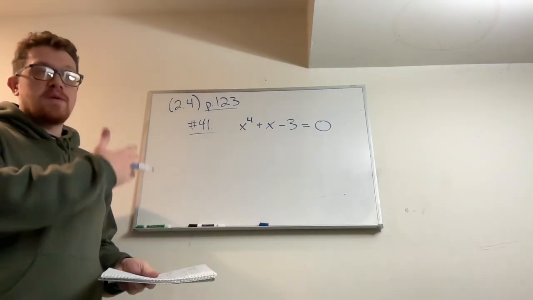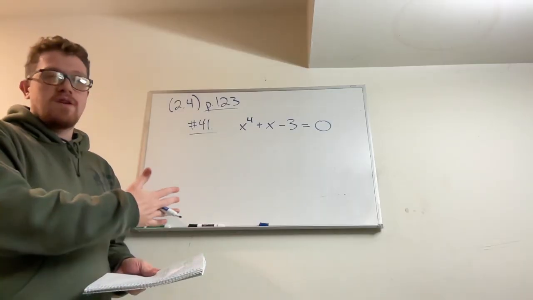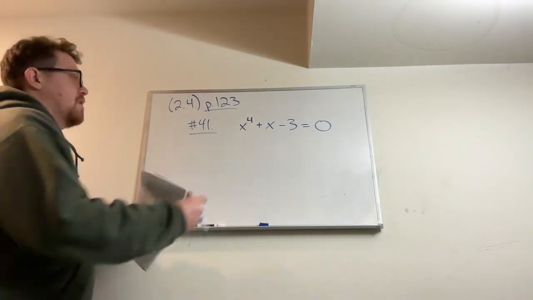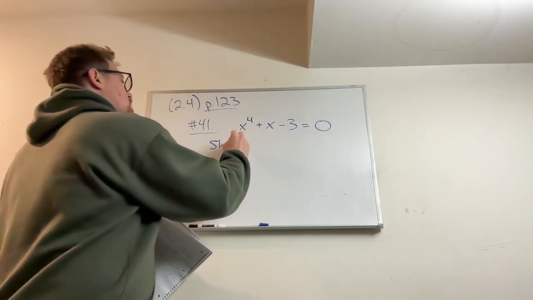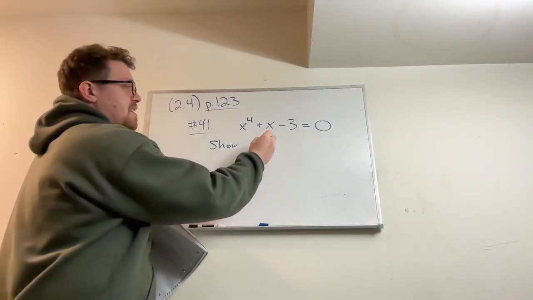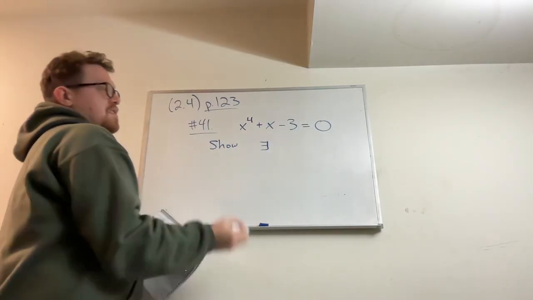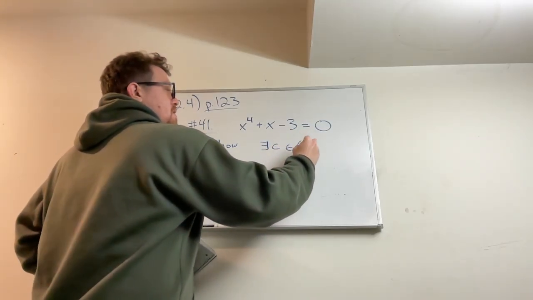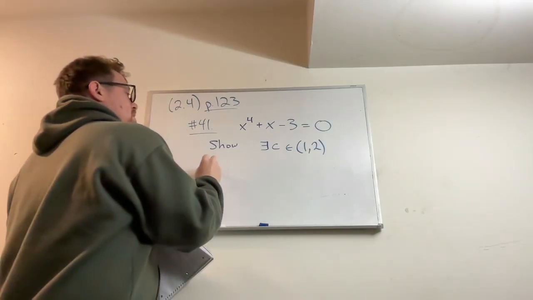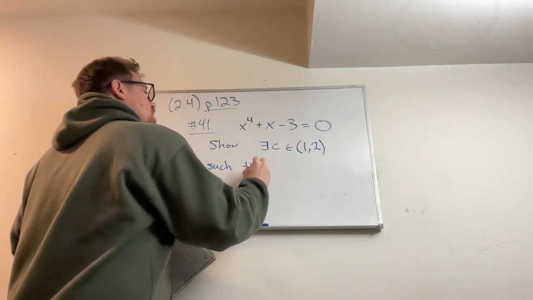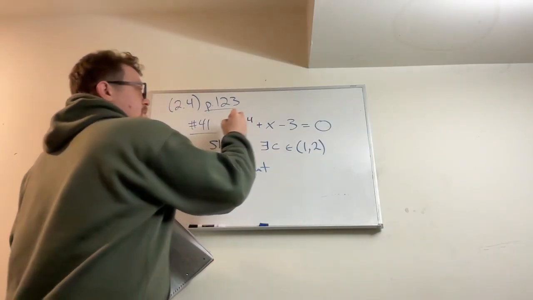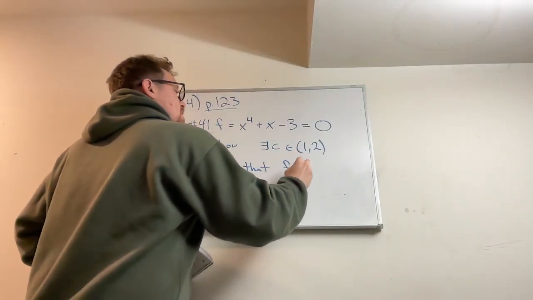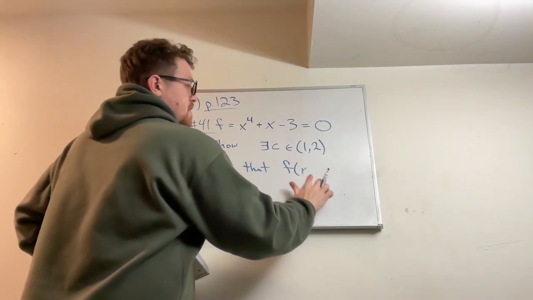So there's some number strictly between 1 and 2 where, when I plug it into x, I get 0. I'll write it in math notation: there exists a c in the interval 1 to 2 such that, calling this polynomial f, f of c is equal to 0 exactly.